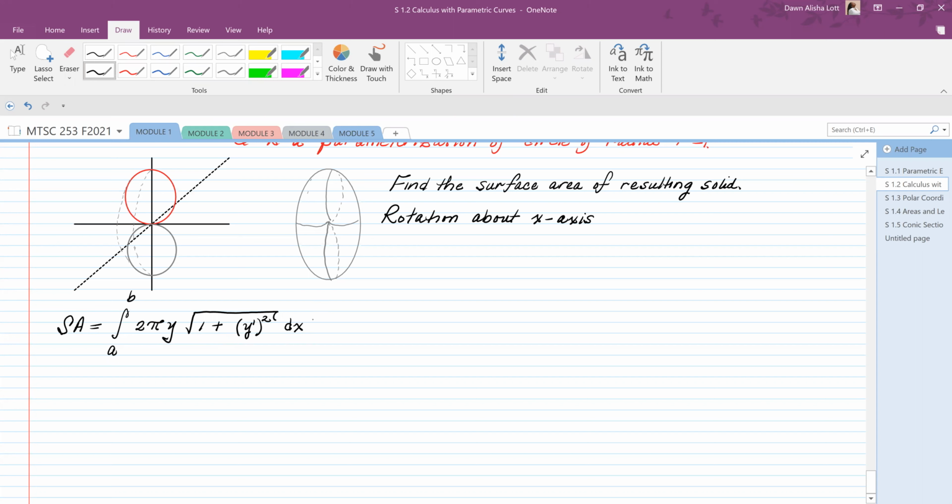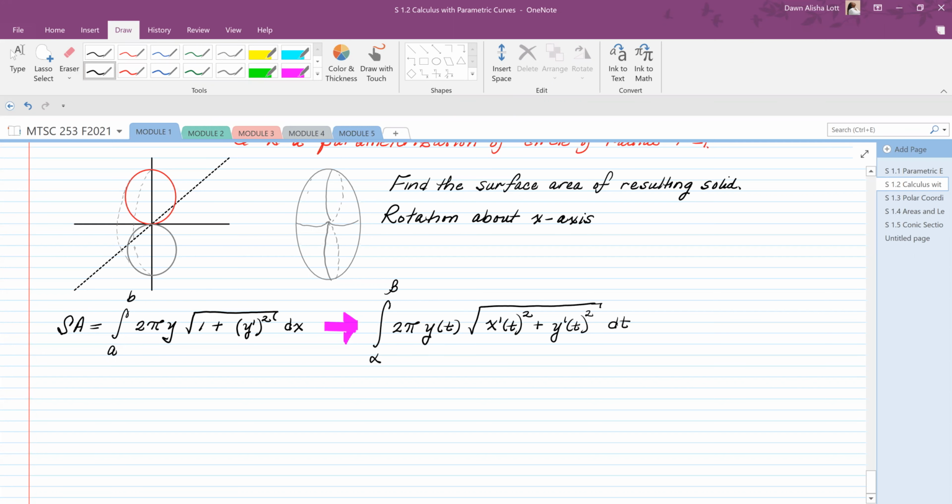But we already changed this. So we said that this is equal to the integral from alpha to beta of 2 pi y of t times the square root of x prime of t squared plus y prime of t squared dt.